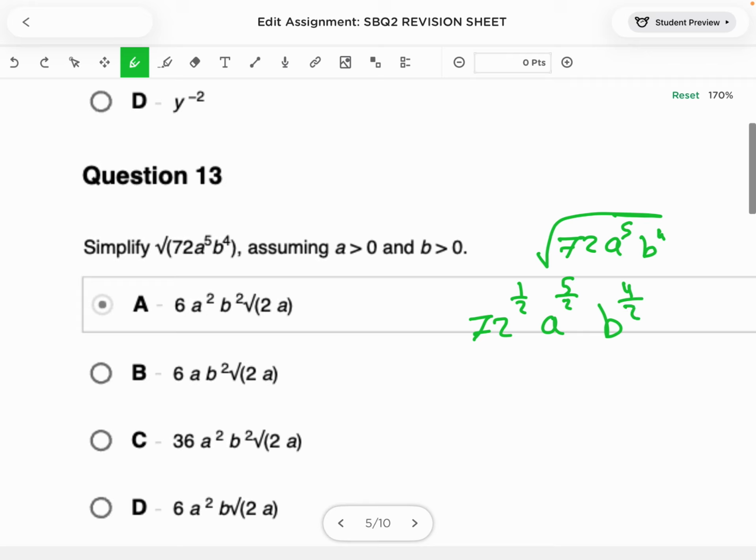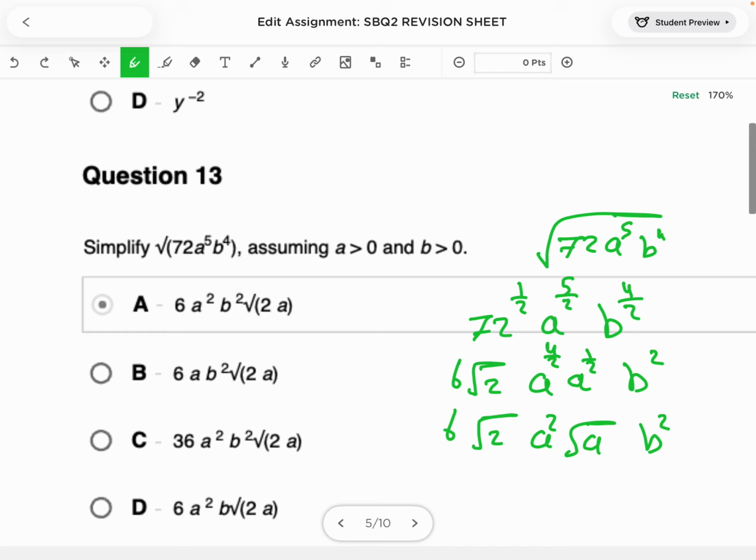The first one, square root of 72, it will be 6 radical 2. A to the power 5, I will write it as 4 over 2, plus 1 over 2, b to the power 2. So it will be 6 radical 2 a squared, square root of a, b to the power 2.